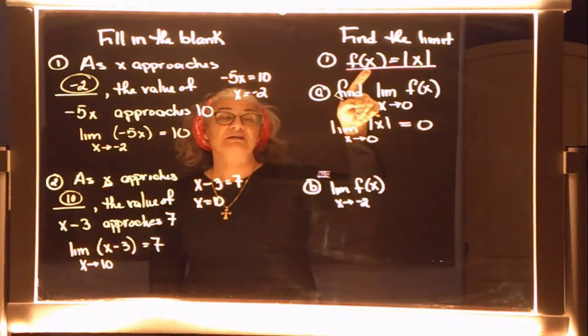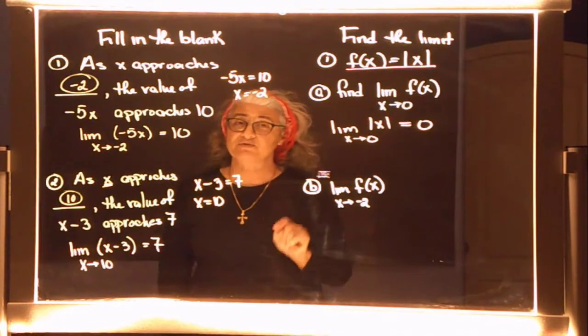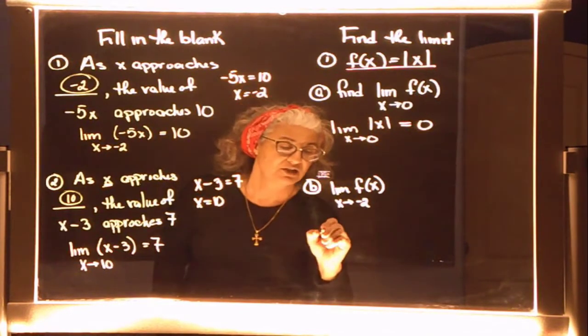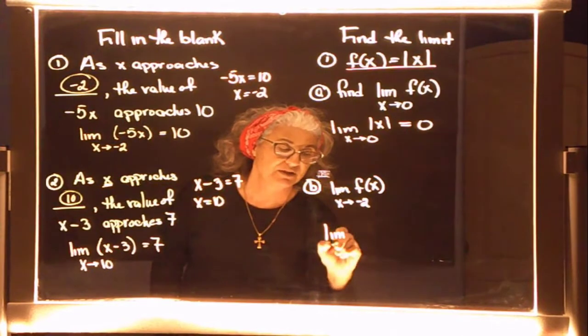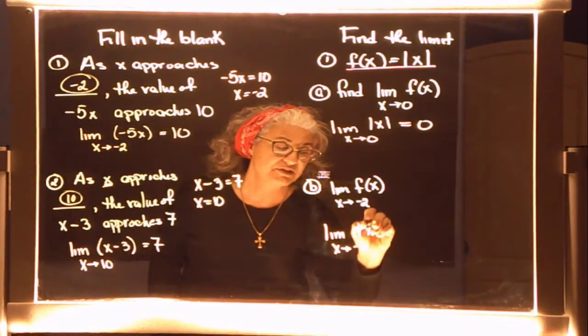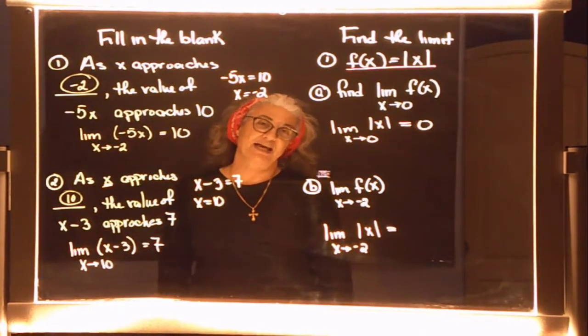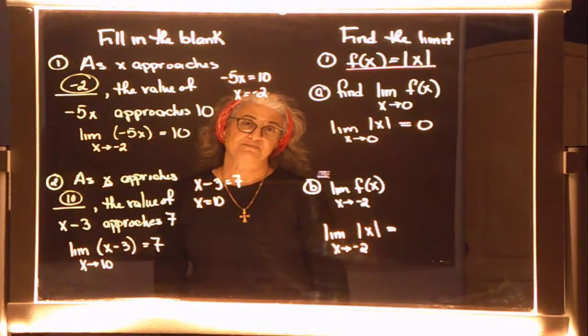It's part B to problem number 1, which means my function is still the absolute value of x. So I'm going to rewrite it. We have the limit as x approaches -2 of this function, the absolute value of x. What do you think you're going to get as x approaches -2?